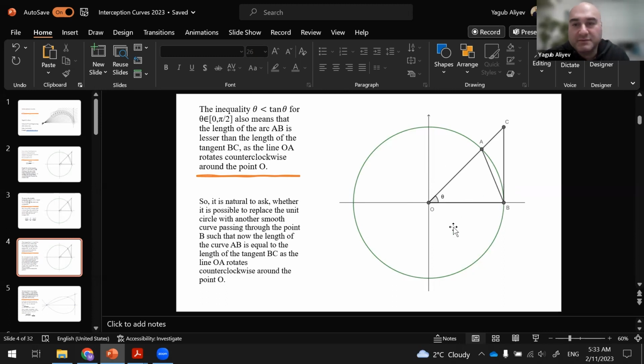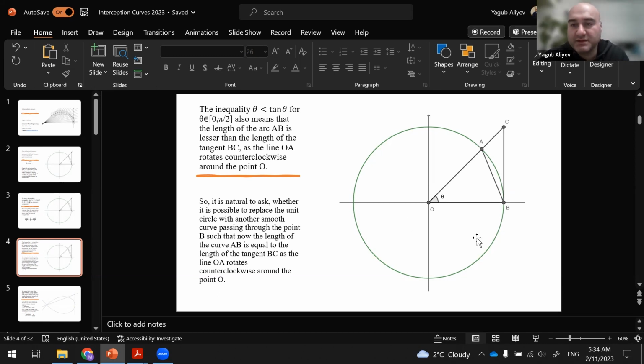Okay, so we are mathematicians, we ask questions. We can ask whether it is possible to replace this unit circle with another smooth curve passing through the point B again, such that now the length of the curve AB is not less than this black tangent line segment, but equal to it.